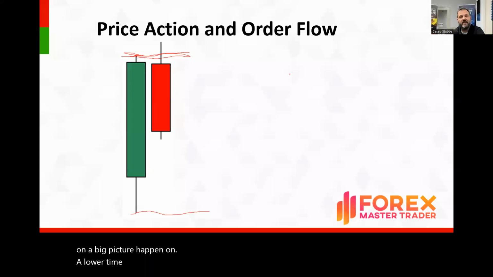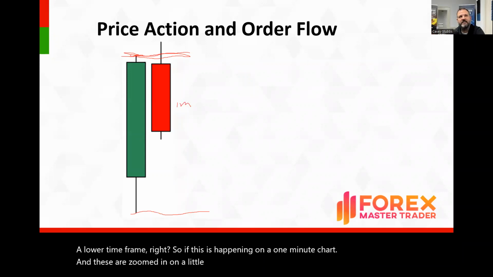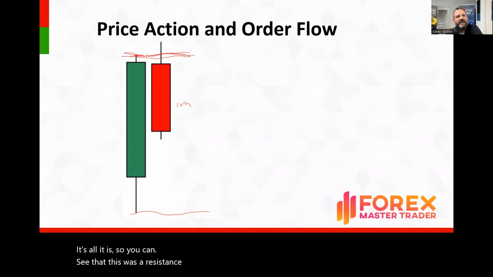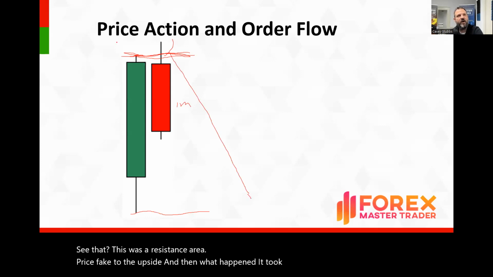If this is happening on a 1-minute chart, zoomed in on a little candle, these are all mini support and resistance levels. That's all it is. You can see that this was a resistance area, price faked to the upside, and then it took off. So we know that this is resistance.